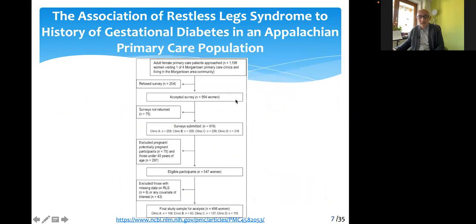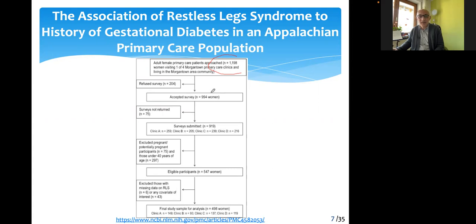Here is an example of a study: the association of restless leg syndrome to a history of gestational diabetes. They had a population of 1,198 people, and they invited all of them, they did not do a sampling.